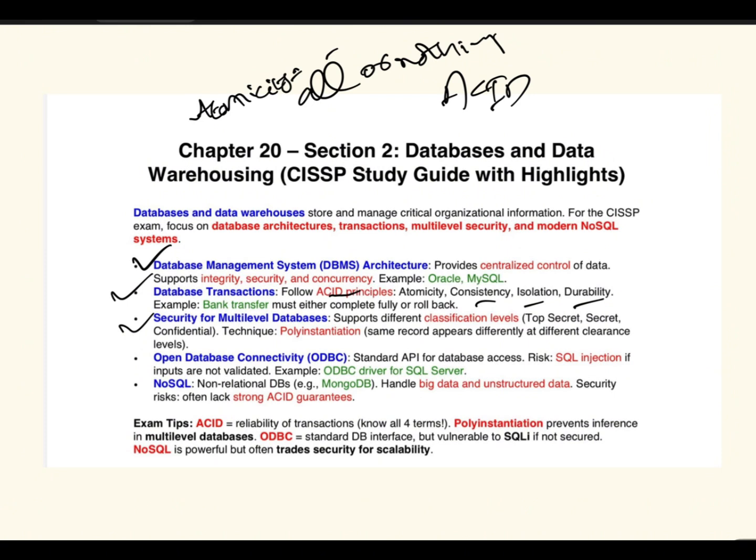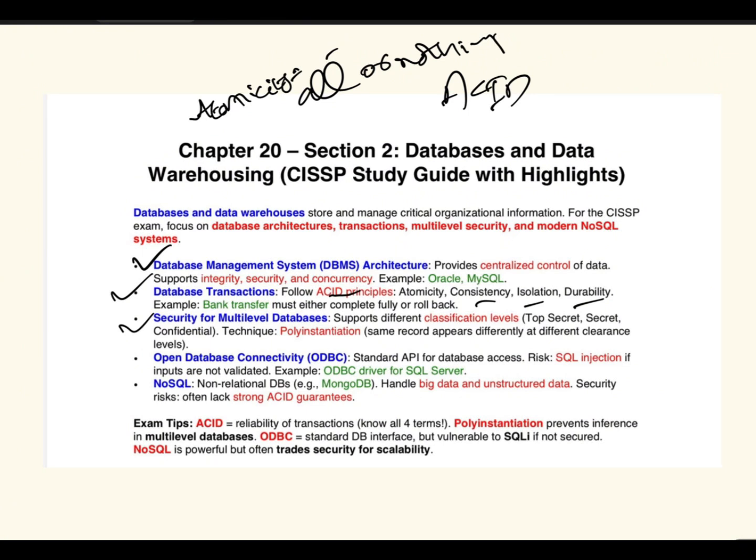If a group of users is allowed to access top secret but not secret level, that is the challenge. So we need to prevent data leakage or inference, not interference, between users of different clearance levels.